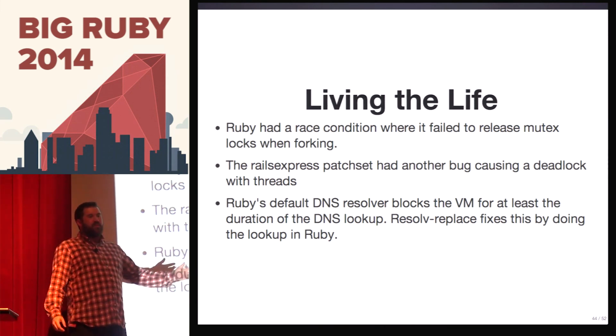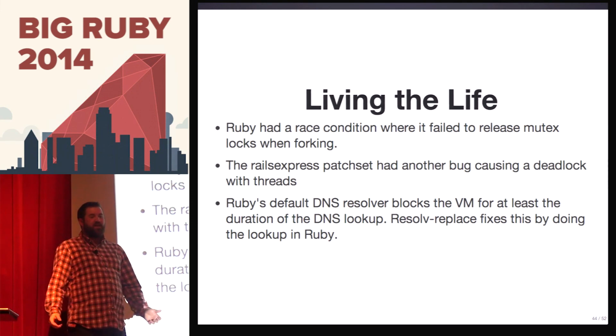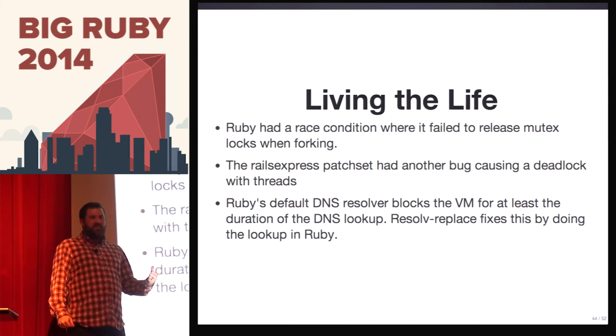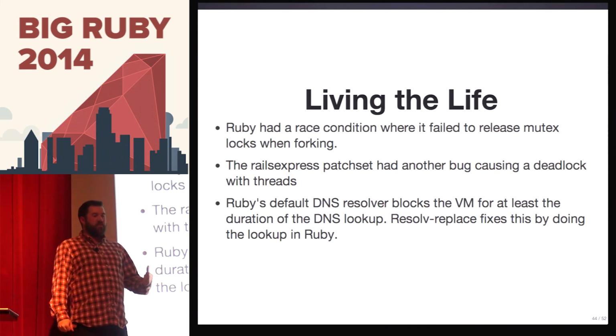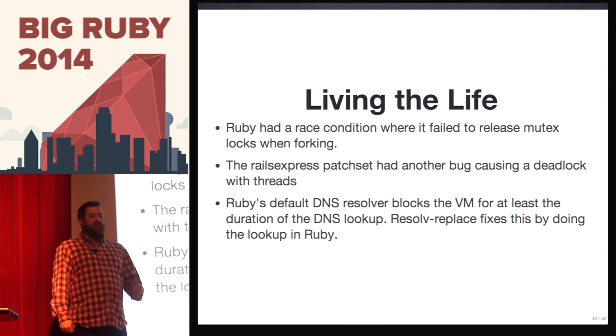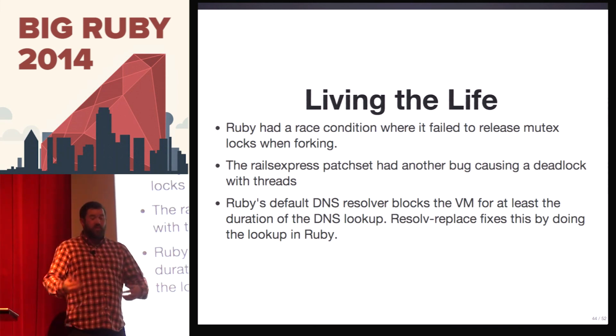And then lastly, and this one is really my favorite because it's just staggeringly weird that it never came up before, Ruby's DNS resolve library is written in C because you want it to be really fast. And it uses the system calls for looking up DNS addresses and giving you IP addresses and doing all of that fun stuff.